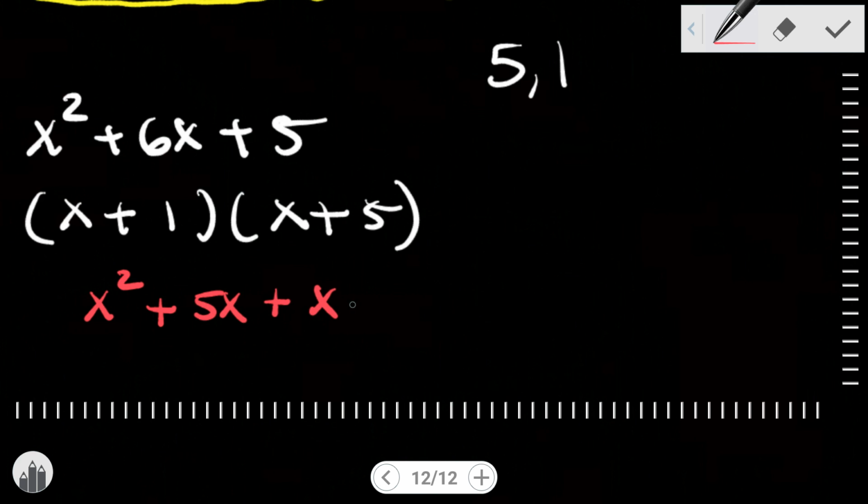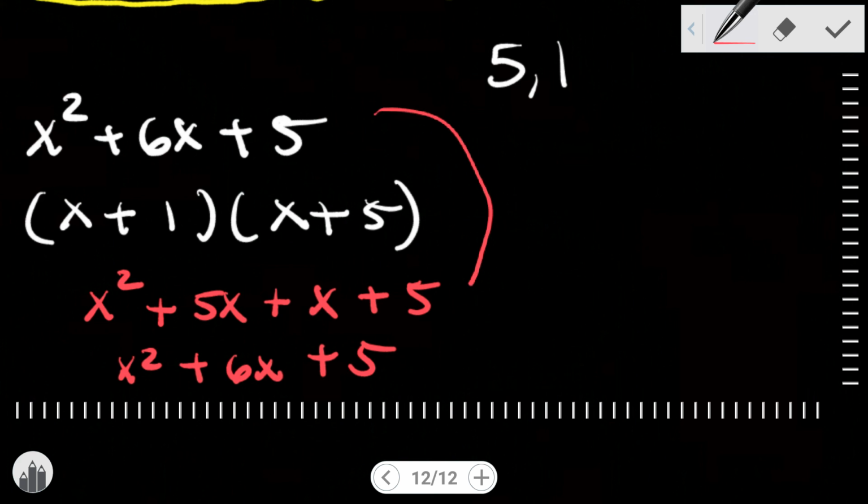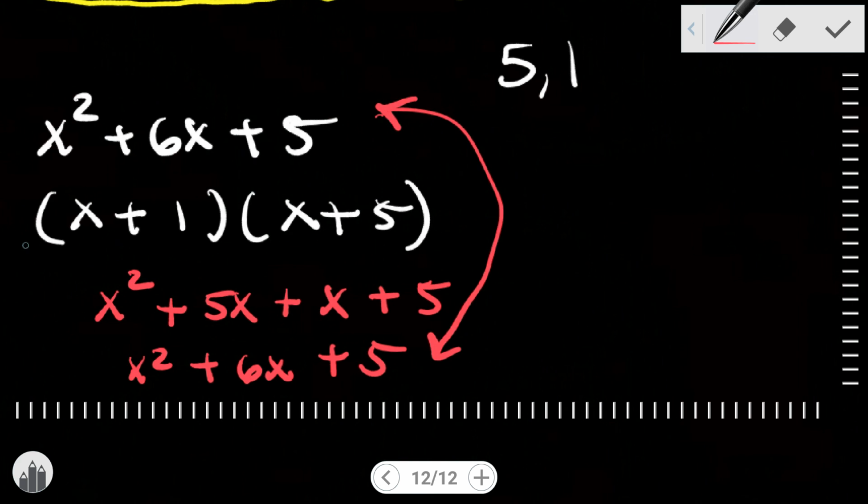And 1 times 5 will get you 5. Simplify that up, and that would be x squared plus 6x plus 5, which is the same answer that we started with. So this is factored.